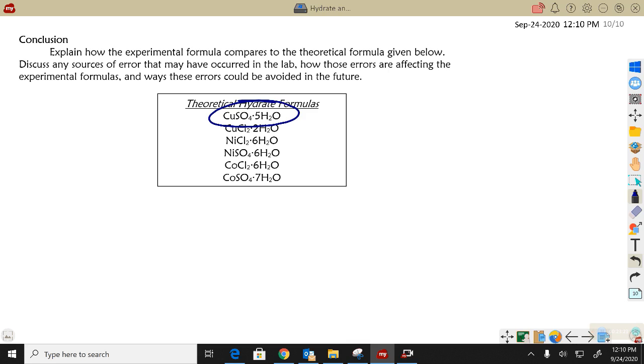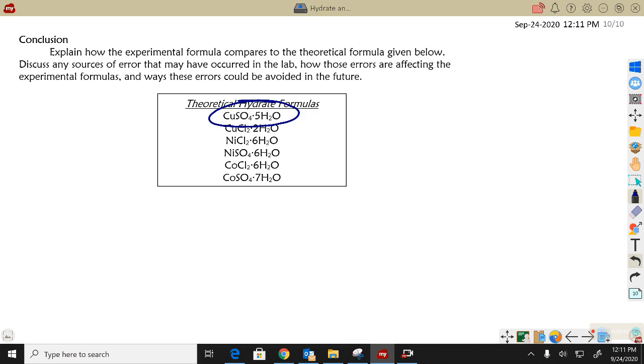Other things that would not be acceptable sources of laboratory error. Well, okay, let's just say you put, I think I measured wrong. Okay, now that could be a possible error. But then what measurement is wrong and what do you think went wrong?